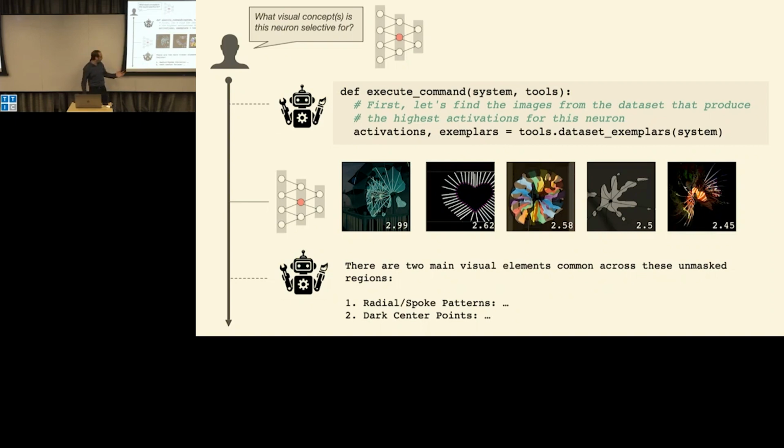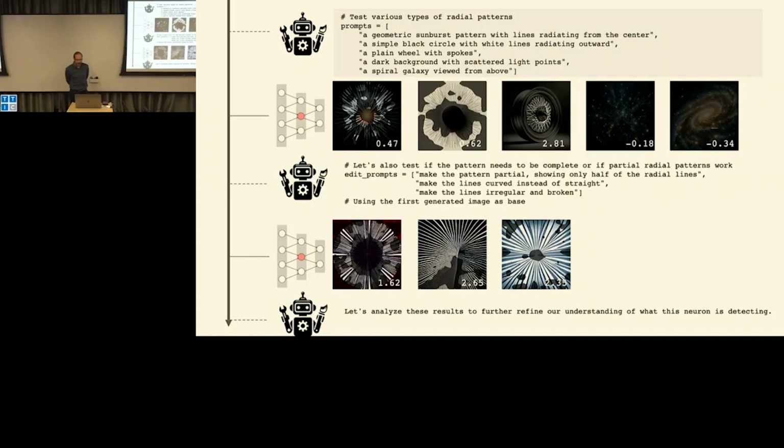It formulates some hypotheses. This seems to be selective for radial patterns, or maybe things that have a dark center. It doesn't know. It writes more things, so it decides to run more experiments. It creates some images to see what the activations are. It sees that some things drive the unit, some things do not. It performs some edits.